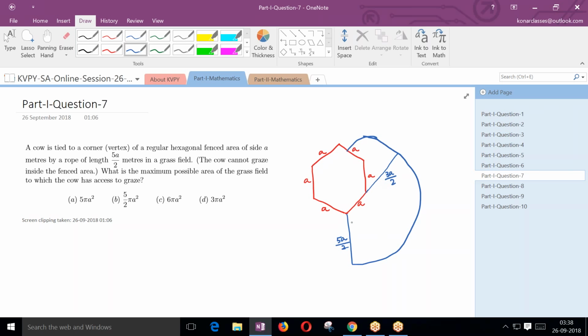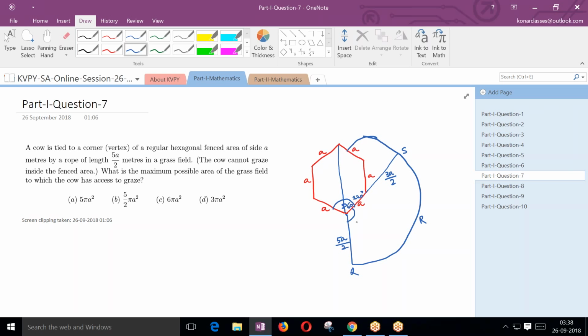Now let's first find that area. If we consider this as P, then Q, then this R, then S. If we find the area of this portion PQRS, we need to know what this angle is. Now in a regular polygon, each interior angle is 120 degrees. Now if we draw this one, this has to be 60.